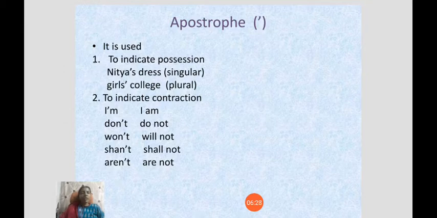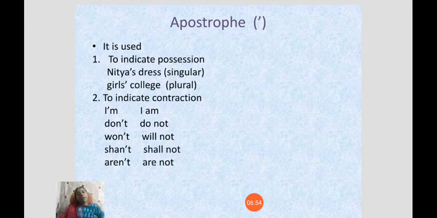Instead of writing do not all the time, mostly we write don't, D-O-N apostrophe T. Will not, we write won't, W-O-N apostrophe T. Shall not, shan't, S-H-A-N apostrophe T. Aren't, A-R-E-N apostrophe T. So these are some examples.